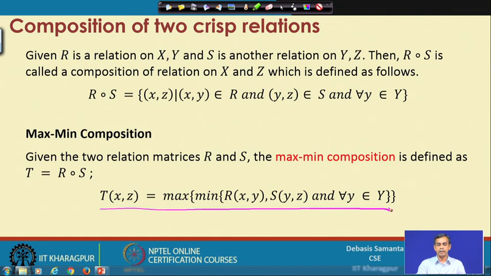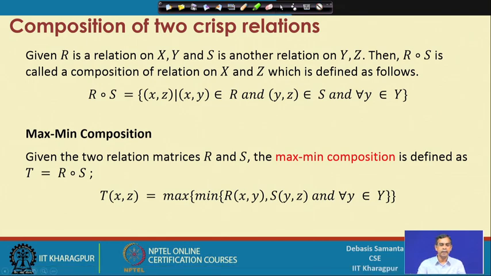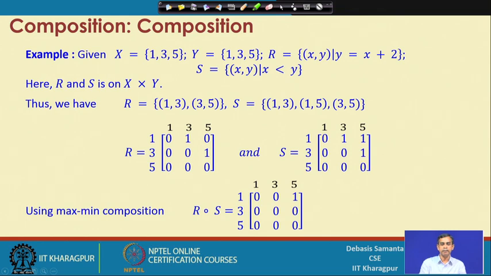It basically follows a similar concept to the product of two matrices. So, it first takes the minimum of corresponding entries and then, for a particular entry, takes the maximum value. So, let us have some examples so that we can understand the max-min composition, or simply the composition operation of relations. Now, this is one example we have to consider carefully.